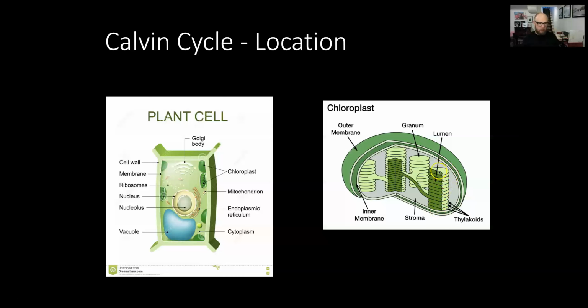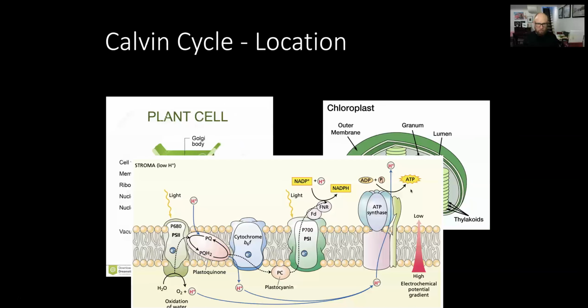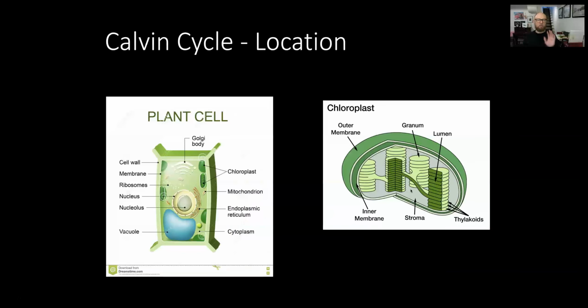And the enzymes are embedded in that particular membrane. And we talked about why that was important before. For the carbon reactions in the Calvin cycle, that's all taking place out here in the stroma. So let's just remember that for now. We're going to come back to that in just a second and why that location is important.